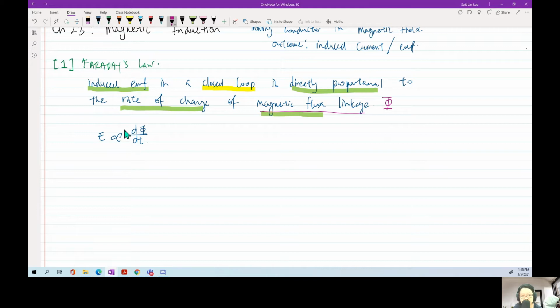The reason why there is a negative sign, teacher ask, teacher answer, is because, number two, we also need to talk about Lenz's law, which is the law of opposition.